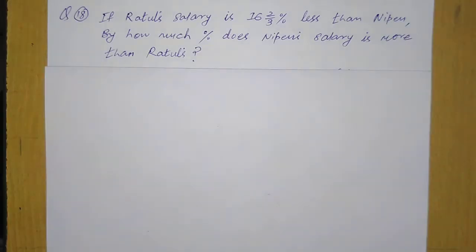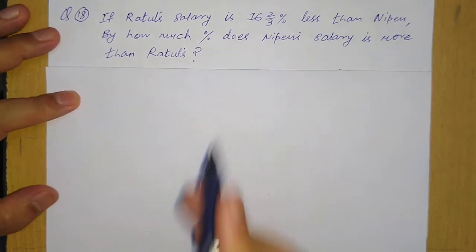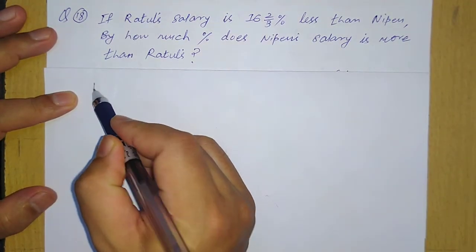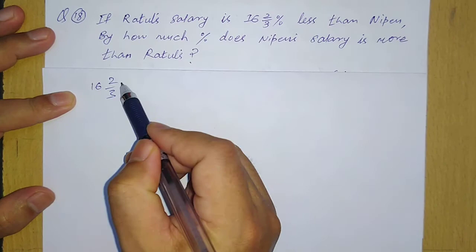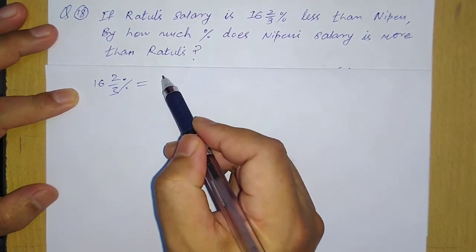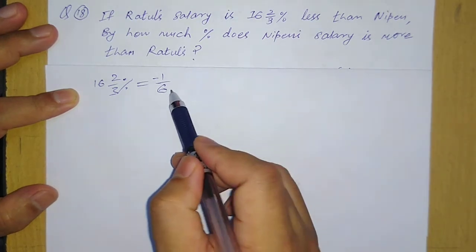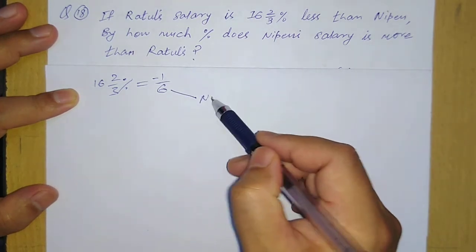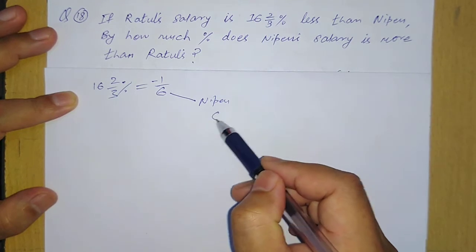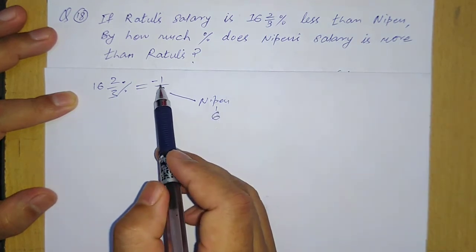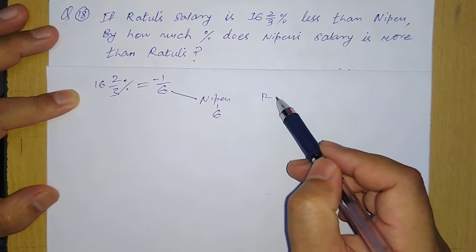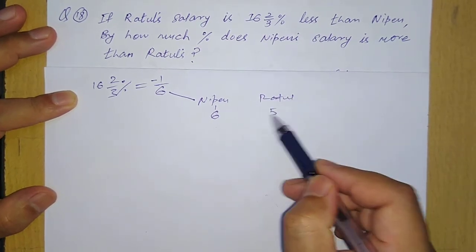Question number 18. If Ratul's salary is 16.2 by 3% less than Nipen, by how much percent is Nipen's salary more than Ratul's? In this question it is given Ratul's salary is 16.2 by 3% less. So 16.2 by 3% means 1 by 6 and it is less. So if Nipen's salary is 6, then Ratul's salary is 1 less than 6, so Ratul will be 5 units.